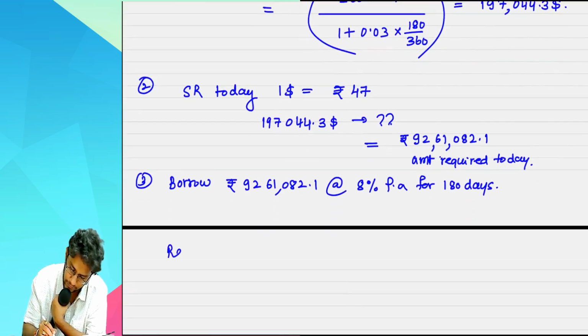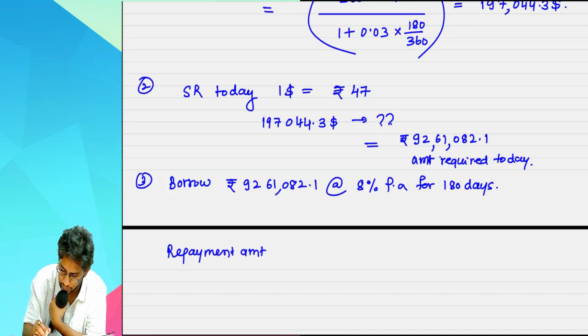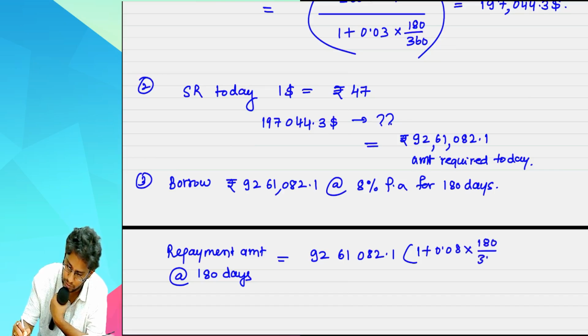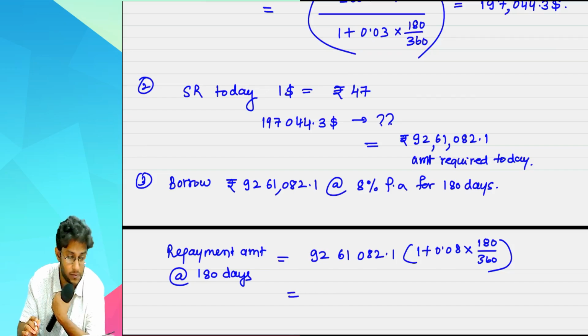Same step only. Repayment amount at 180 days is equal to 9261,082.1 into 1 plus 0.08 into 180 by 360. 4% you add.